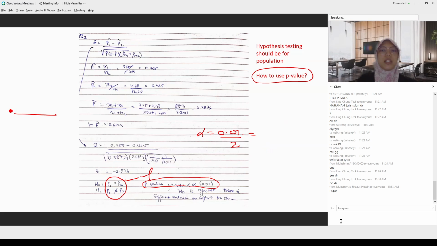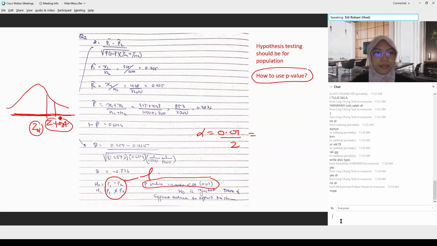So what's the difference between the z-test and the p-value? So for example here, we have the z-test and we have the z-alpha. The z-test and the z-alpha are the value at this line. However, the p-value and the alpha are the value inside the region.